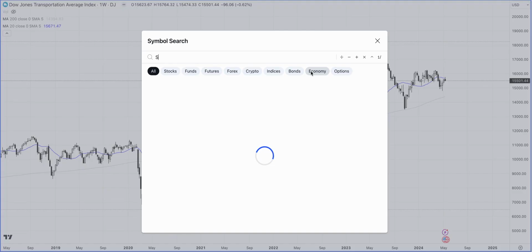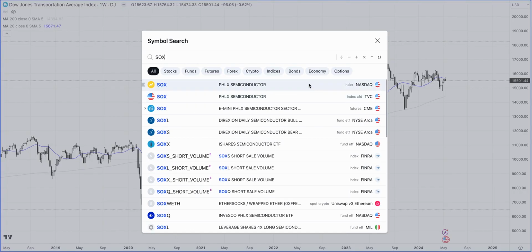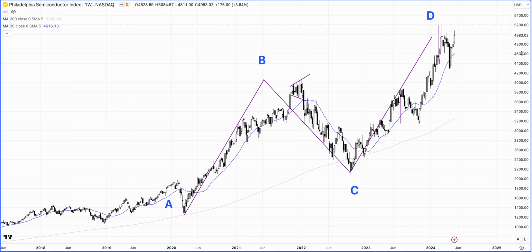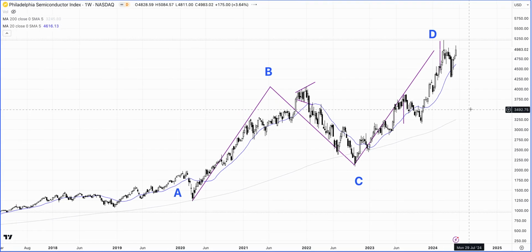Okay, and finally, in terms of sectors, we'll take a look at the Philadelphia Semiconductor sector, SOX. Here we go. This is the weekly chart, and this index includes stocks related to chips, for example Intel, AMD, Nvidia, Taiwan Semiconductor, along with some other tech-related companies.